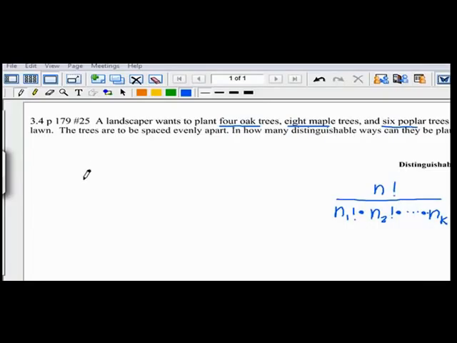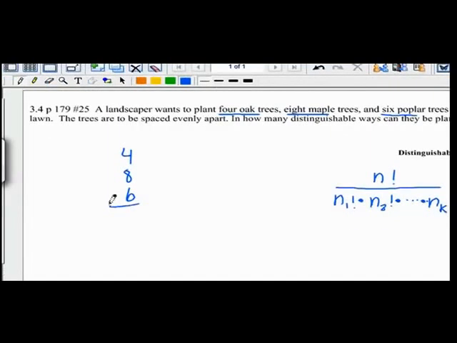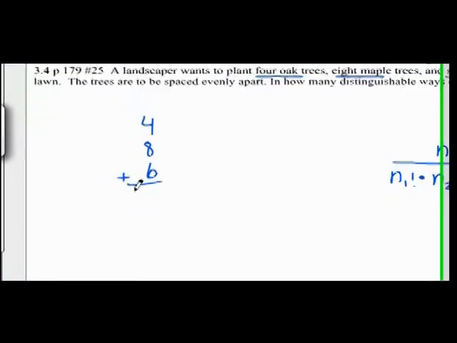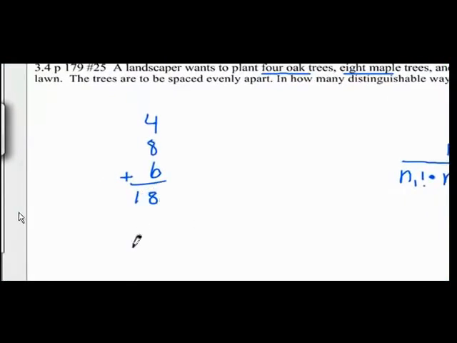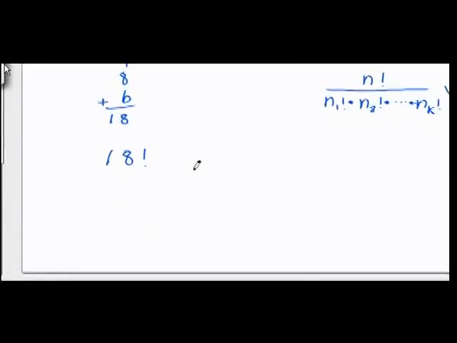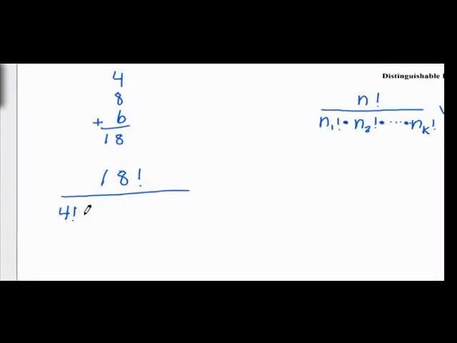So in this case, we've got 4 oak trees, 8 maple trees, and 6 poplar trees. So our numerator is going to be the sum of those. We're going to do our 4 plus our 8 plus our 6, and that'll give us 18 trees altogether. And so that's going to be the numerator, 18 factorial, over the product of our 4 factorial times 8 factorial times 6 factorial.